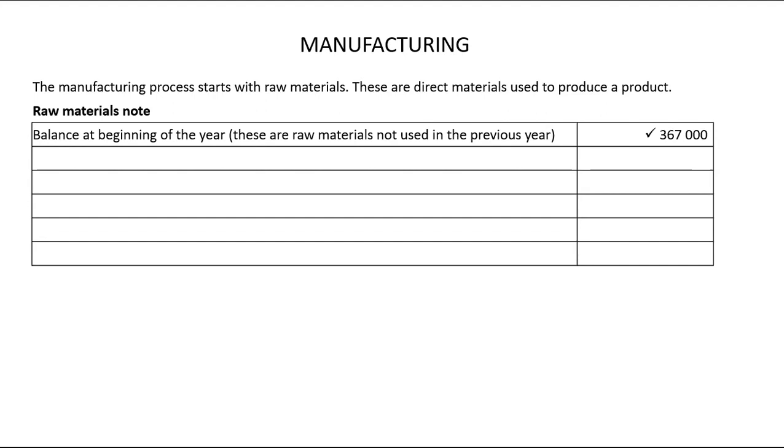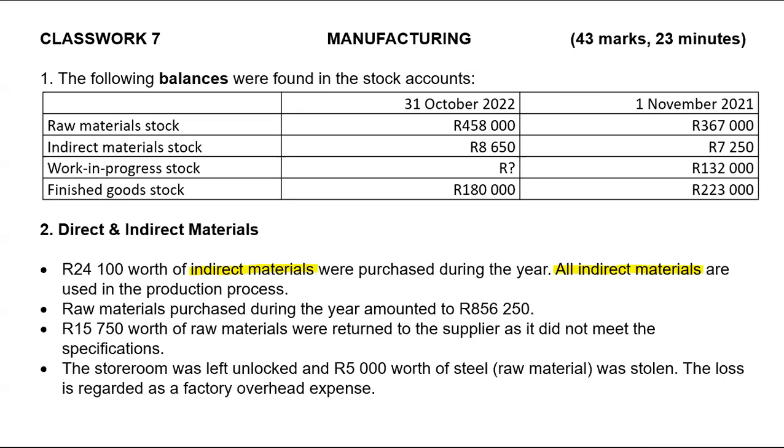Then when it comes to purchases, I am going to take this 856,250 minus 15,750 because these are returns, and then minus they told you that the storeroom was left unlocked and 5,000 worth of steel, which is raw material, was stolen. So I'm going to minus that 5,000 because we can't use it in the production process.